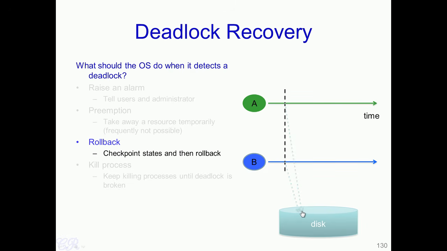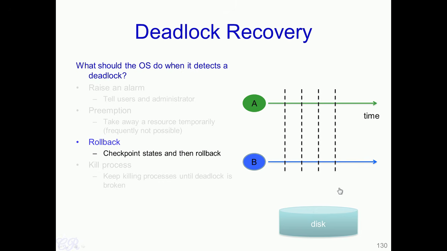Storing the state of the process on the disk will allow the process to execute from the checkpoint state. So, as time progresses, more checkpoints are taken periodically, as shown over here.